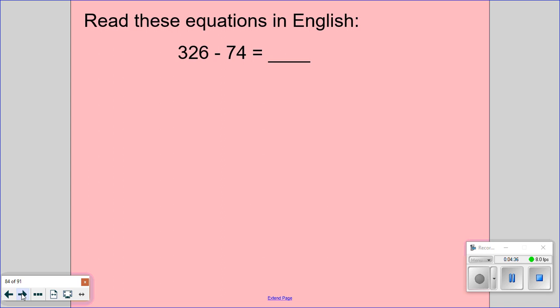The distance between 326 take away, just two or and. The distance between 326 and 74 is the same value as. Awesome.